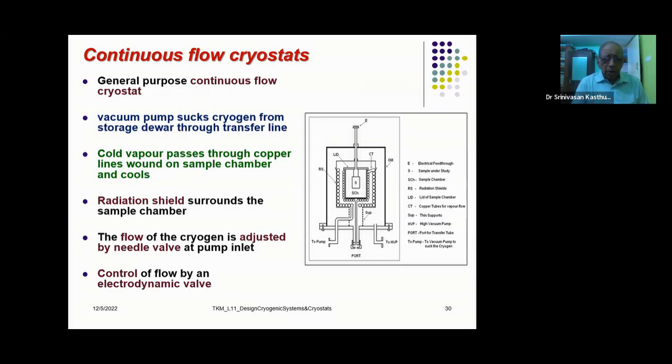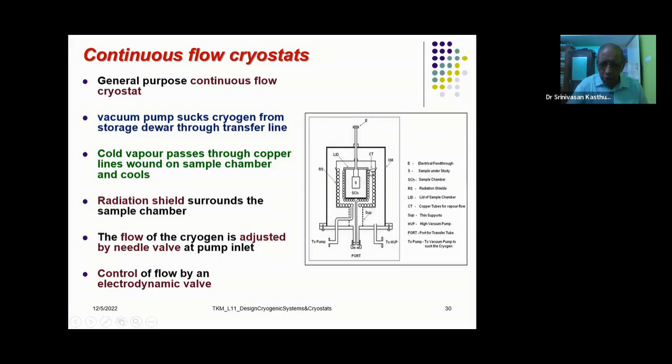Now, this continuous flow cryostat is designed such that it uses a very small quantity of cryogenic fluid. The methodology is very simple. All that is done is you take the cryogenic fluid from the bottom of the storage tank through a small transfer line, and it is allowed to circulate around the chamber which houses the sample for experiments. The outgoing vapor is also used as a radiation shield.